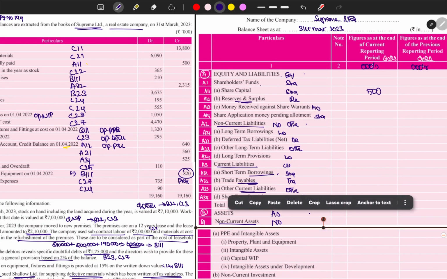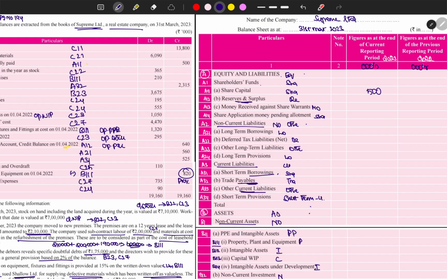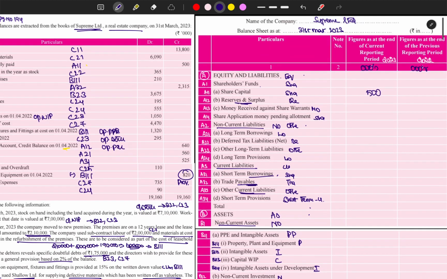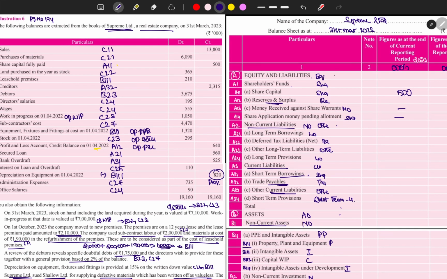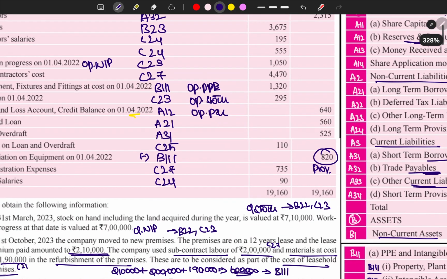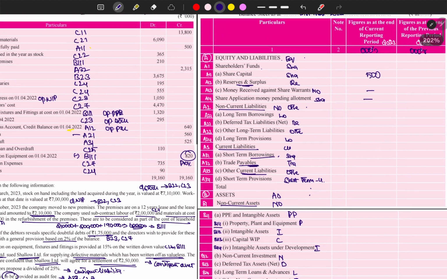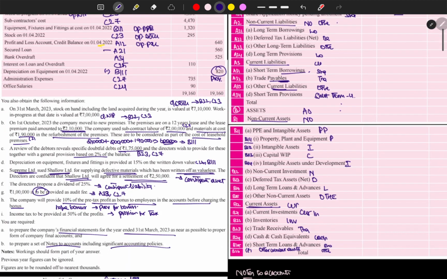As we read the question, there is no share application money pending allotment or share warrants, and long term borrowings, which is A21. See, here it is A21, which is 560. Is there any other A21? No, that's it.